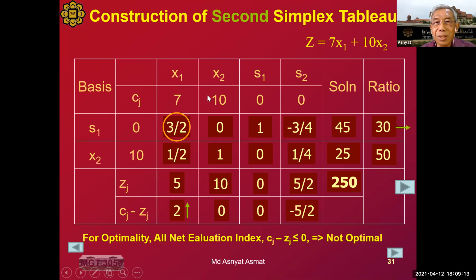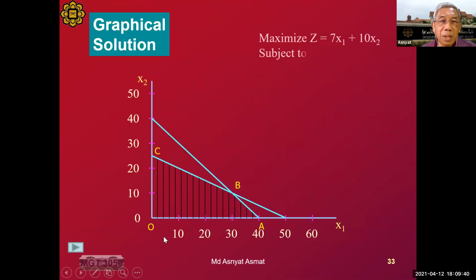So for the next one, I won't show the step by step. I just show the outcome. Okay, in this case, let's look at what happened. Here you look into this value, x2 equals 25. Take note, x2 equals 25. Look at the graph. Just now we started at the origin.